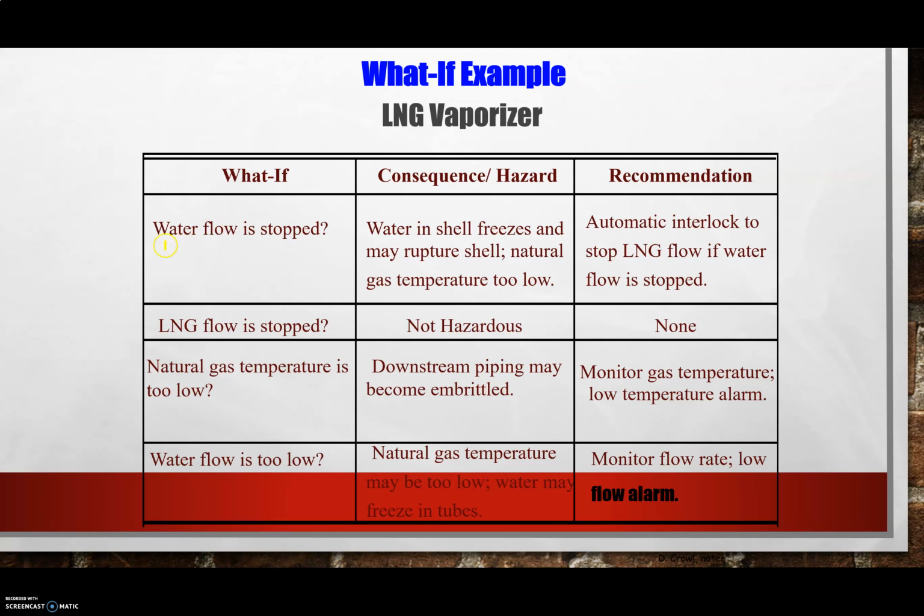You ask yourself what if water flow is stopped? Then you find the consequence is that water in the shell freezes and may rupture the shell. You also find the natural gas temperature is too low. The recommendation is an automatic interlock to stop LNG flow if water flow is stopped.